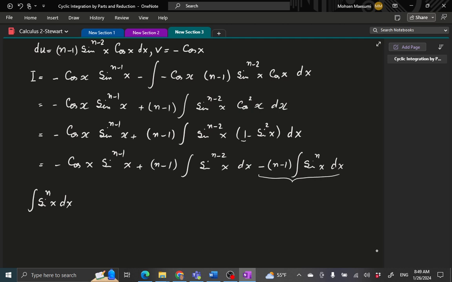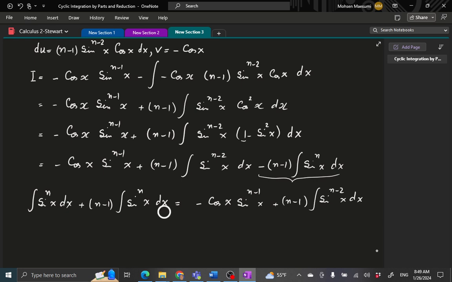Now what I do is take that cyclic component, the self-referential or deja vu component, and bring it to the left hand side. So n minus 1 times the integral of sine to the power of n of x dx, and I'm left with everything else on the right hand side: minus cosine of x sine to the power of n minus 1 of x, plus n minus 1 times the integral of sine to the power of n minus 2 of x dx.